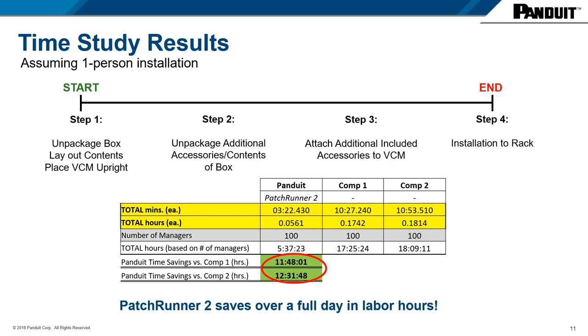So with the Patch Runner 2, just to install the vertical cable managers on the job site, you're looking at over a full day saved in labor hours. Really some significant time savings and labor costs involved as well.